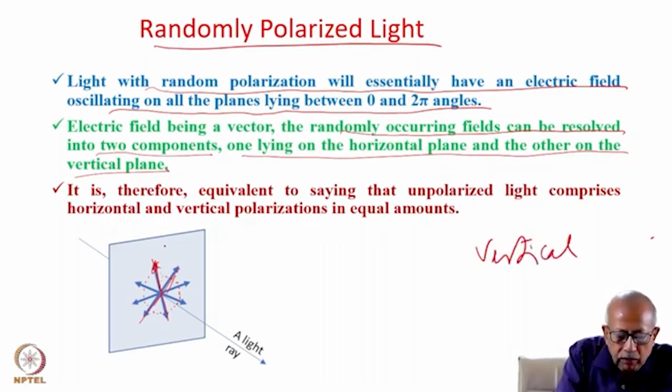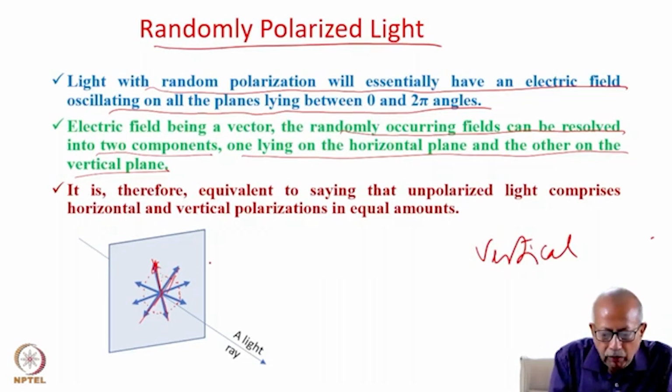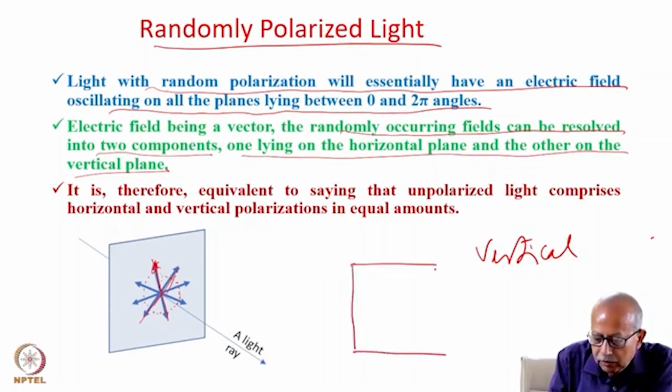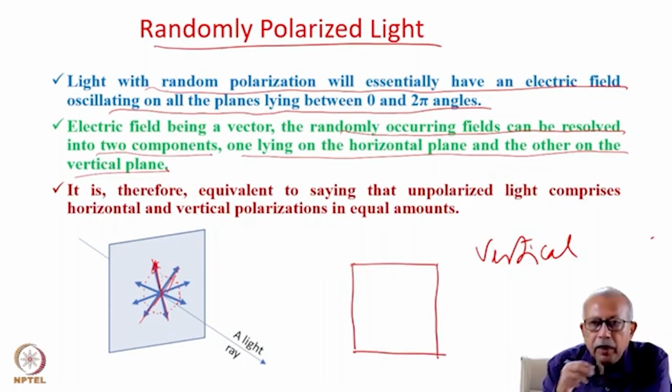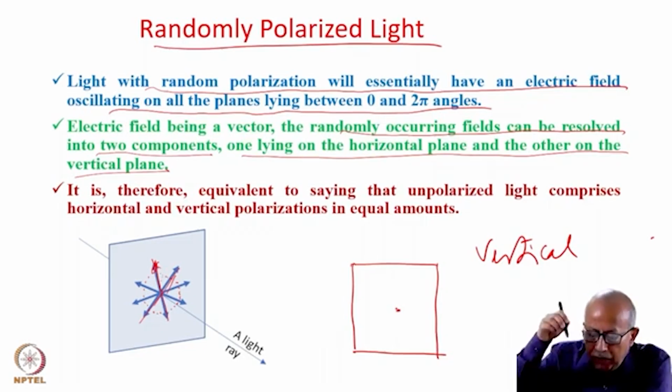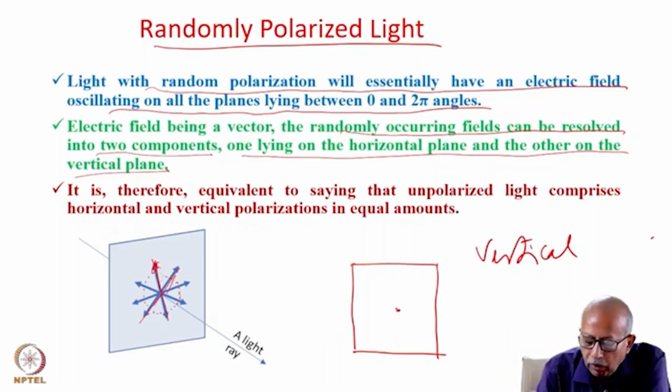For convenience, let us draw this plane on which oscillation of the electric field is occurring. The direction of propagation of light is perpendicular to the plane of this paper, either in or out.